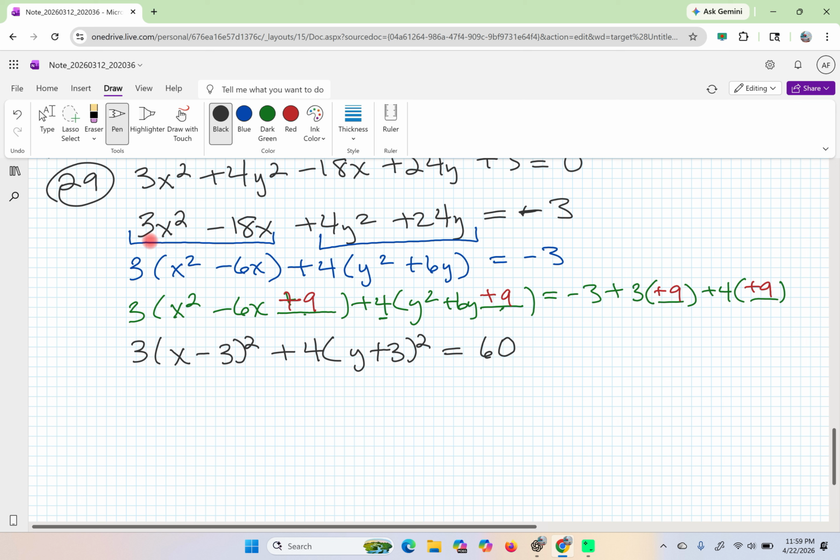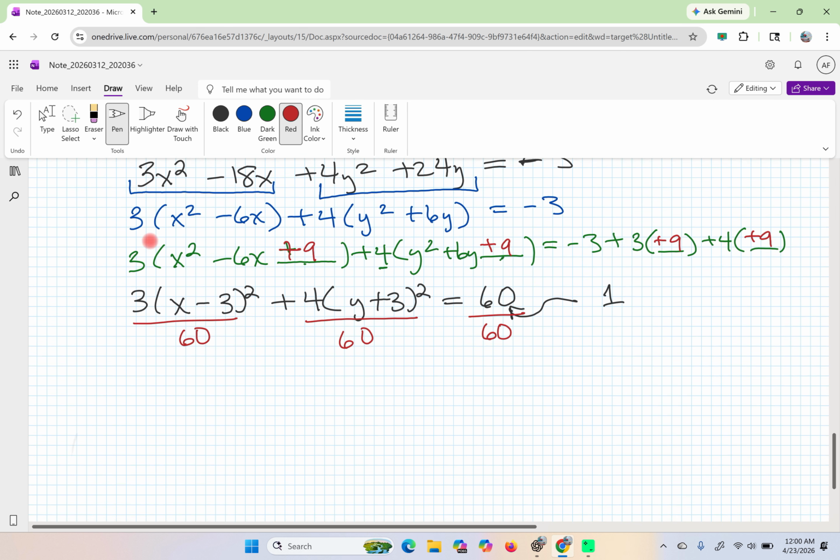All right, so I do have some square binomials, which looks more like my equation. But what does our answer always equal in our ellipse equations? It always equals 1. So I need to divide everything by 60 in order for my equation to equal 1.